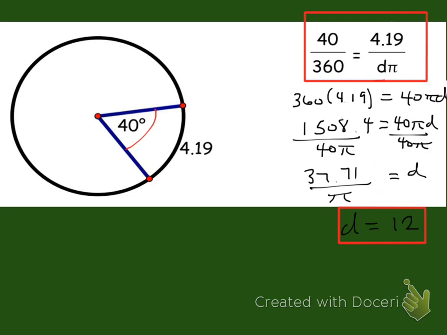So think about this. Here are your degrees. Here are your lengths. Okay, and again, the partial degrees over the entire circle is equal to the arc length over the circumference. Because the circumference, if you just remember, is just the length around the circle. Okay?